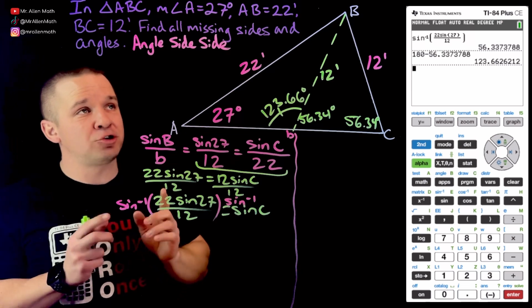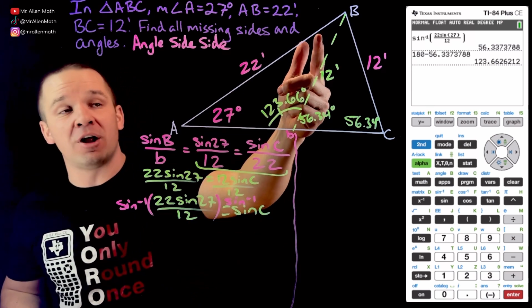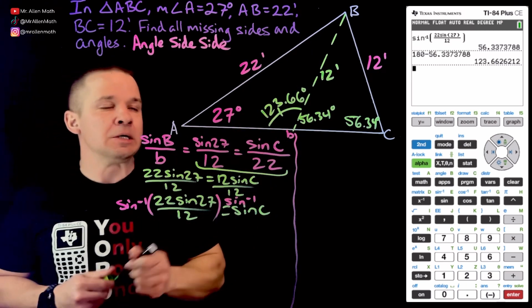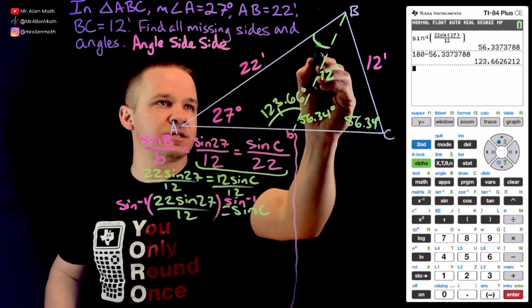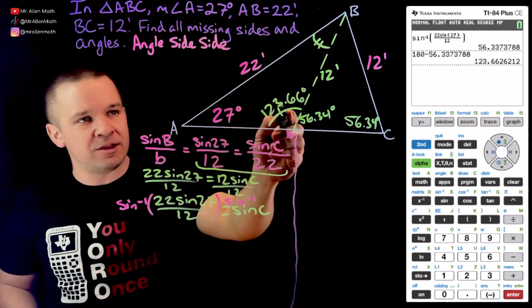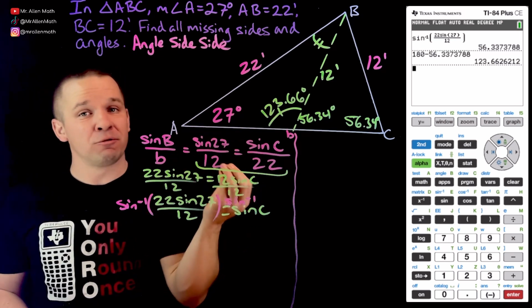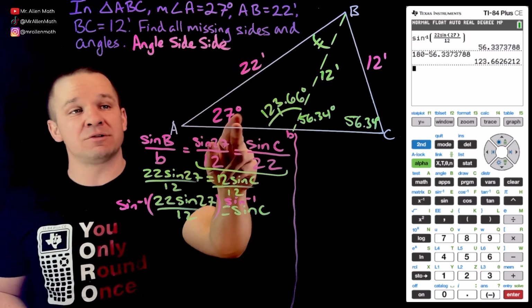But we do need to make sure that this triangle could exist, if there's enough room for this other angle up here to party, if you will. So up here now, what's this angle going to be? Can I even get that? Well, if I take the 27 and the 123 and add them together, there's got to be enough room for it to exist. 180 minus those two would tell me.